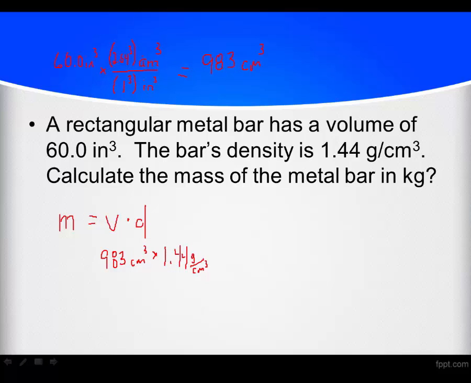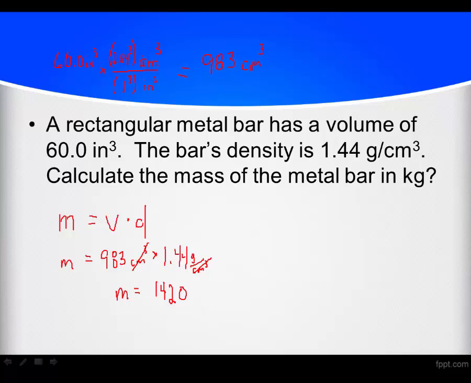And if you're writing down the units, you notice right away that these cubic centimeters and those cubic centimeters cancel. If you're not writing down the units, you might have tossed in 60 inches cubed in here and not noticed that the units don't cancel and got the wrong answer. Mass to 3 sig figs should be 1,415, which I'm going to round to 1,420.